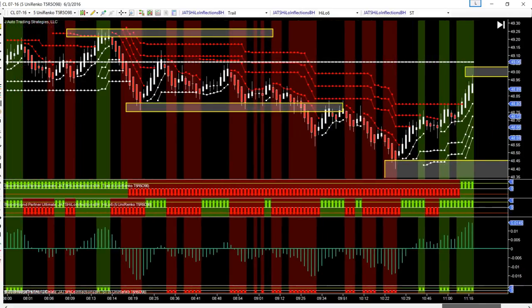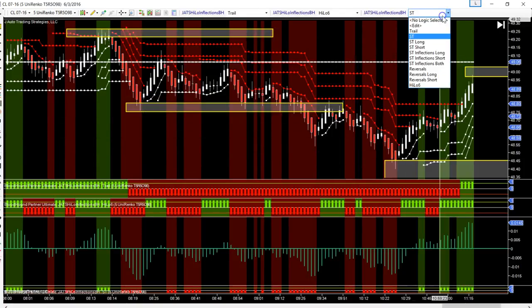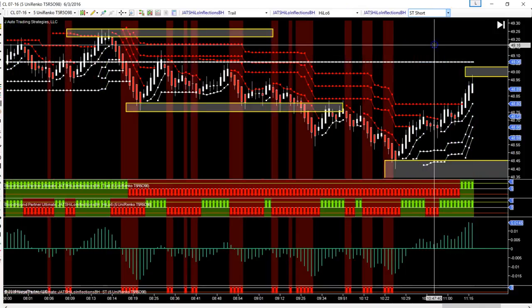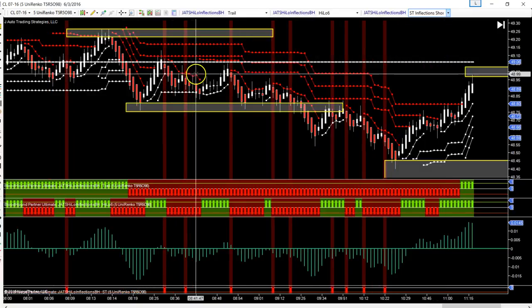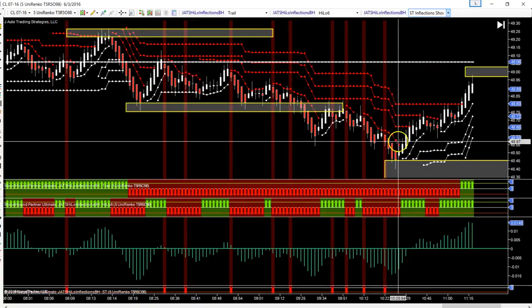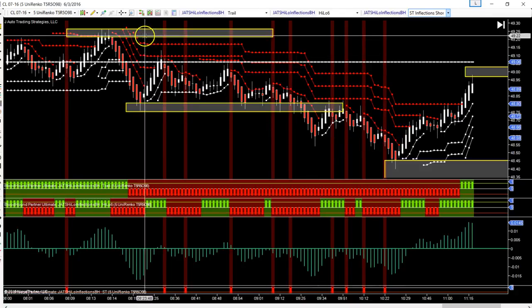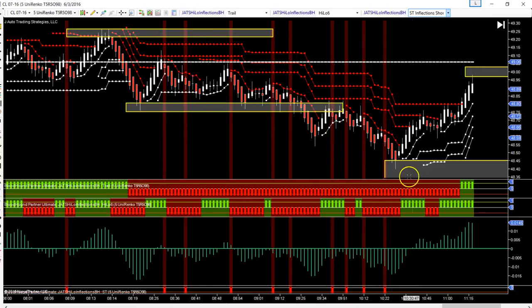So I can get really the best setup with the market possible. So I have a super trend if I want to go super trend short, or if I just want to take the super trend inflection shorts, then I can only take those. Once I know a direction again, you've got your direction path.